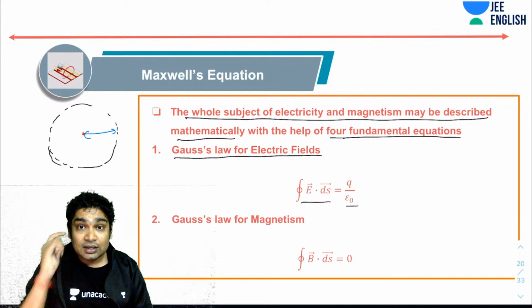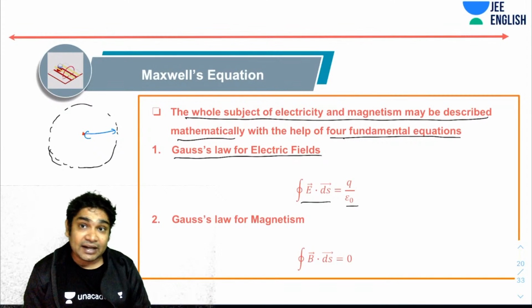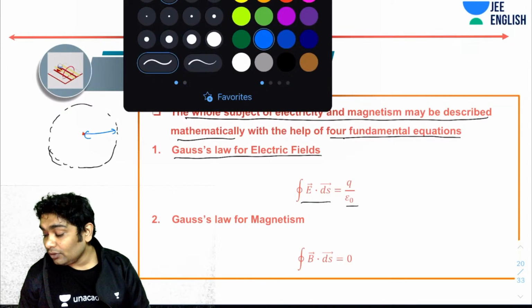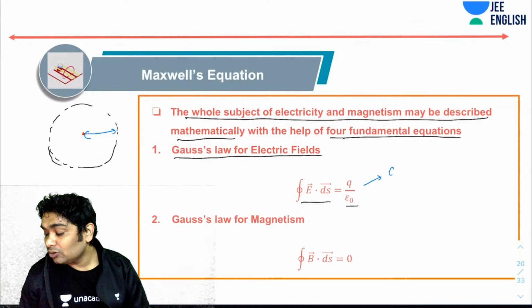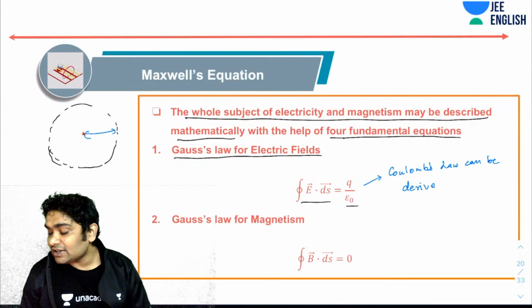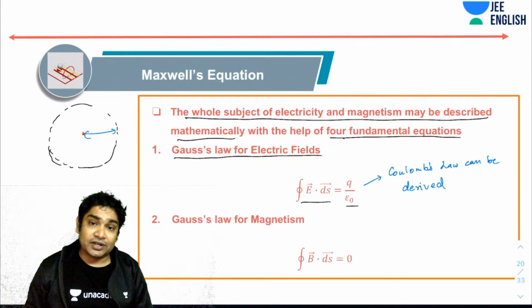So you realize that Coulomb's law can essentially be derived from Gauss's theorem. That is why this is considered to be the more fundamental equation.